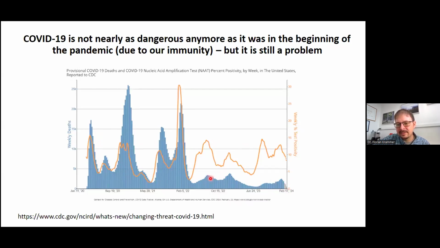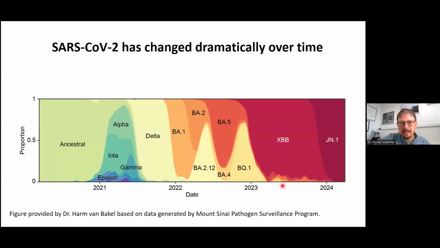It doesn't mean that the virus is not dangerous anymore, specifically if you have issues with your immune system or any other underlying disease, it could still be very problematic. And of course, there are still a lot of issues with long COVID. But I think we really transitioned from the pandemic situation to an endemic situation where we see much less severe damage done by the virus.